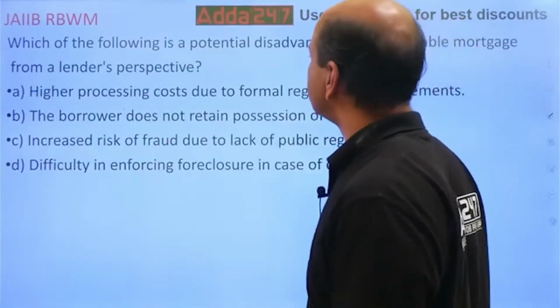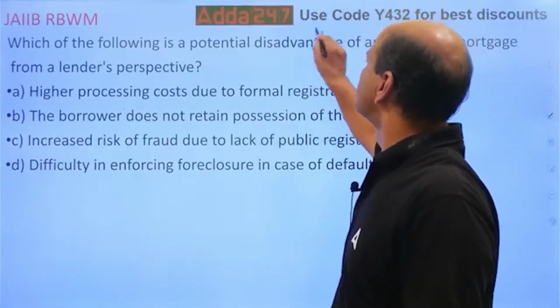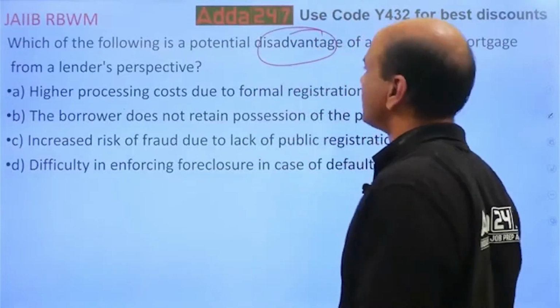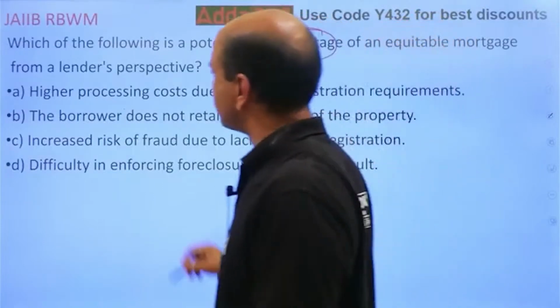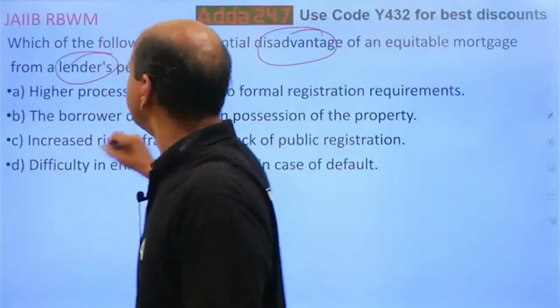Which of the following is a potential disadvantage of an equitable mortgage from the lender's perspective? Lender means bank, the bank's perspective.